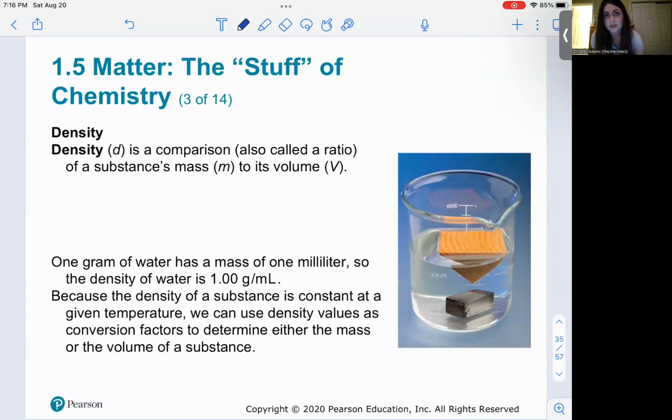And if you relate both mass and volume, then you have an understanding of density. Okay, that's a comparison of a substance's mass to its volume. So basically, this is a ratio, and it can even be considered a conversion factor. So this is going to be D equals M over V. And sometimes it's easy to remember these things with mnemonic type devices or little tricks.